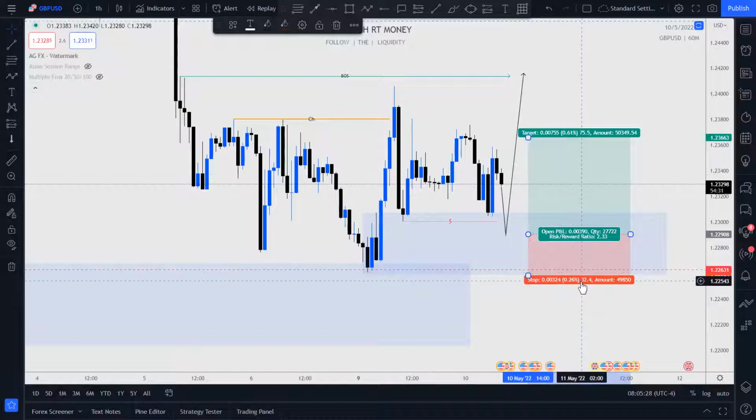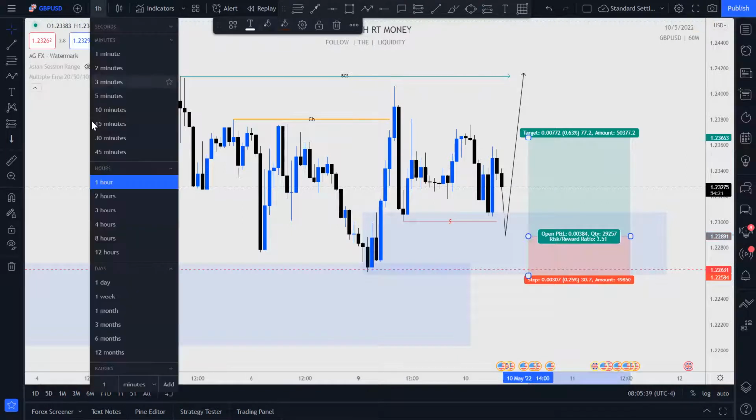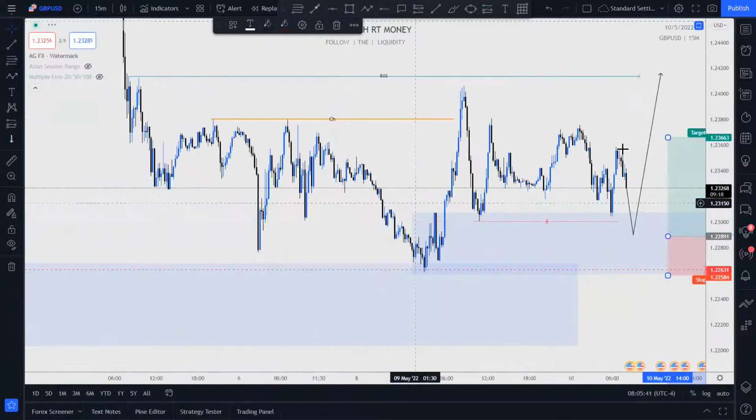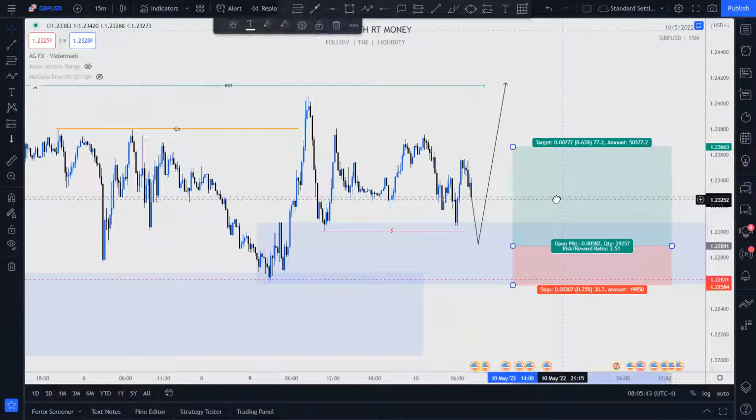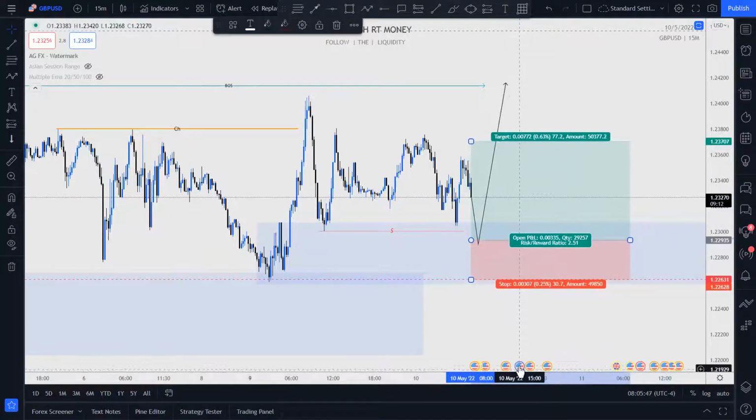This is GU, and I wouldn't be taking my trade from here. I'd be looking on the 15 and 20 minute. I don't enter my trades on the 15. I look at the bias and the setup.